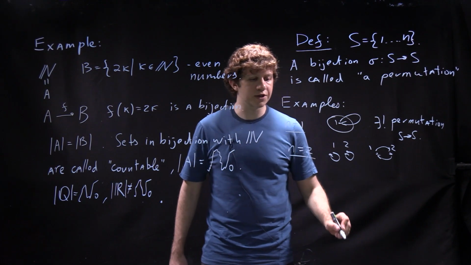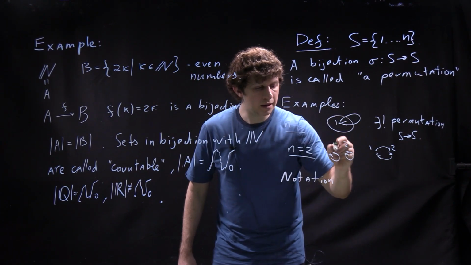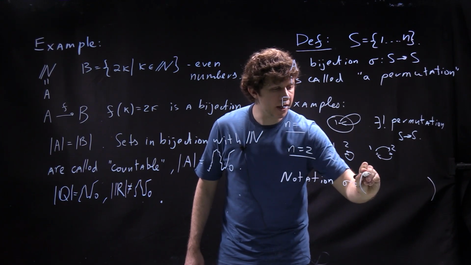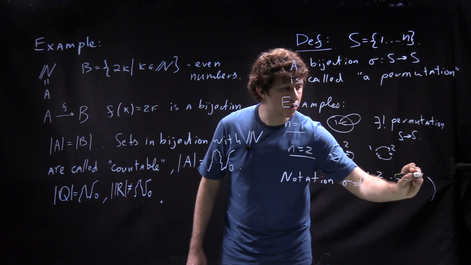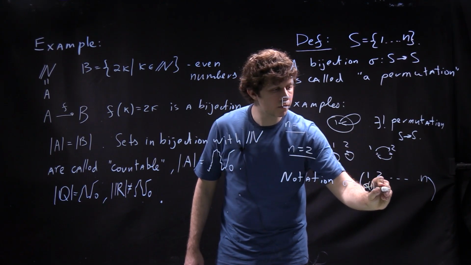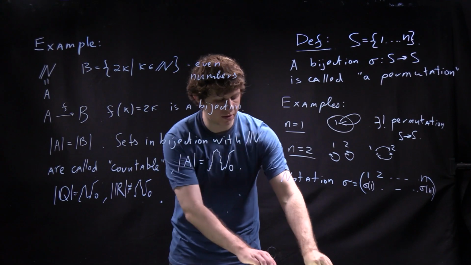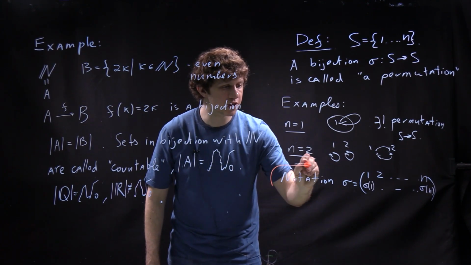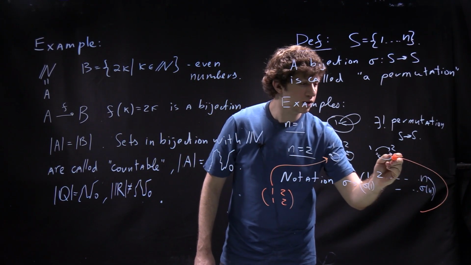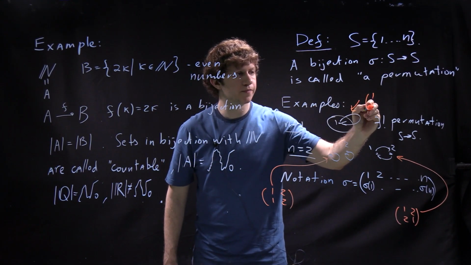And what is the notation for it? I take this sigma and I write down a little matrix where in the first row I have all the numbers 1 to n, and in the second row I just say where they go. So for this one, 1 goes to 1, 2 goes to 2. For this one, 1 goes to 2, 2 goes to 1.